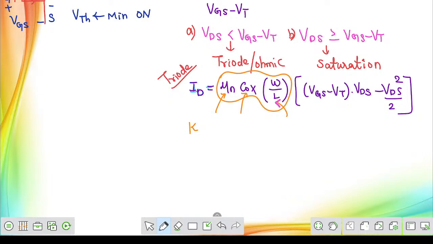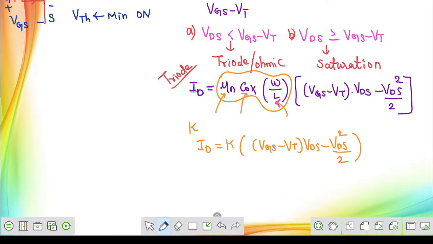You need not be bothered about this value. You have to focus only on simple calculations. So I will be treating it as K. Then the above formula can be rewritten as drain current equal to K into, inside the bracket, VGS minus VT into VDS minus VDS square by 2.